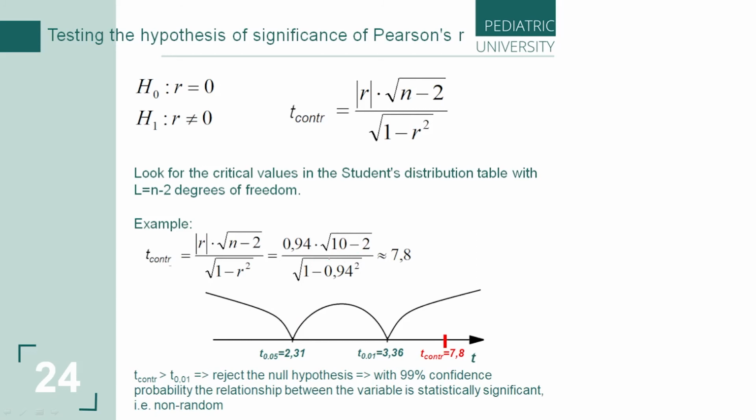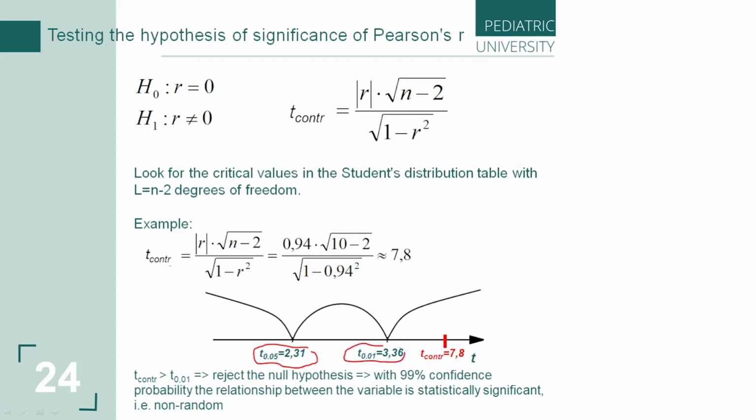Then we should look in Student's distribution tables for the critical values for the 0.05 and 0.01 significance levels for 8 degrees of freedom, because degrees of freedom is n minus 2, 10 minus 2 is 8. The critical value for the 0.05 significance level is 2.31, and the critical value for the 0.01 significance level is 3.36.